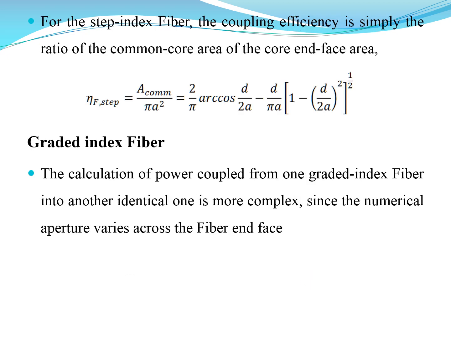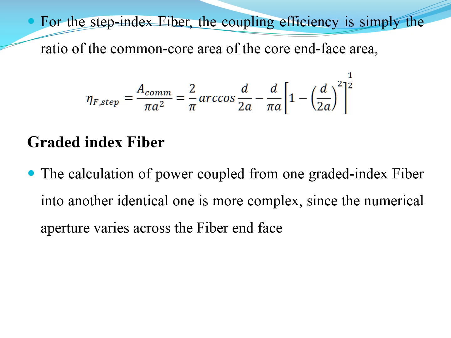Then for a step index fiber, the coupling efficiency is the ratio of the common core area to the core end face area. The end face area is pi r square, where a is the radius of the fiber, so we take it as pi a square.